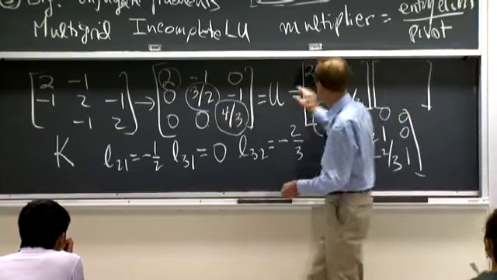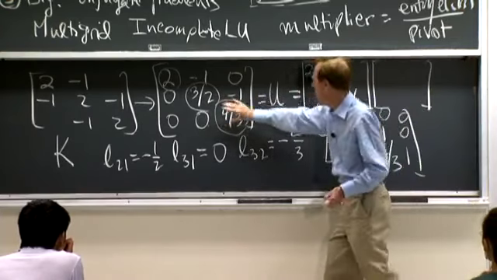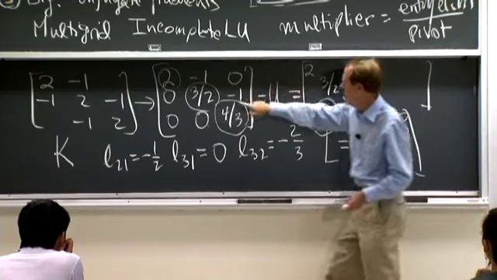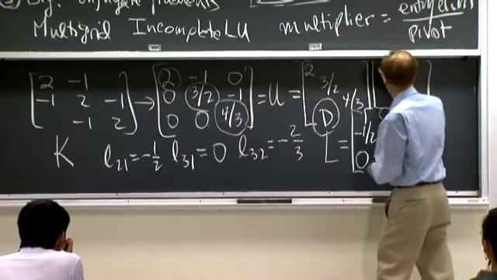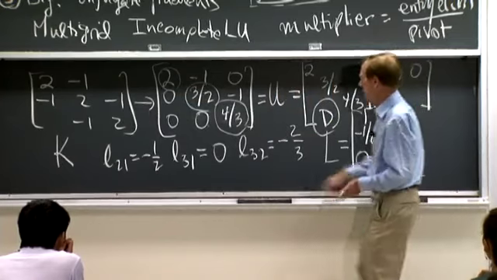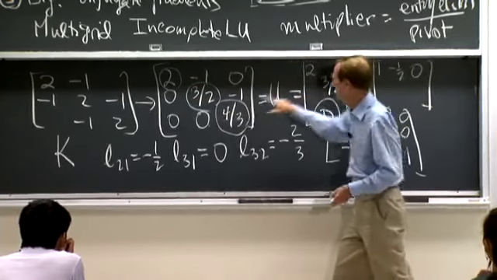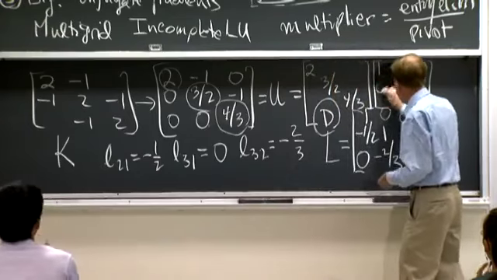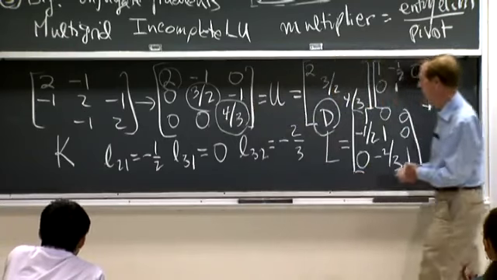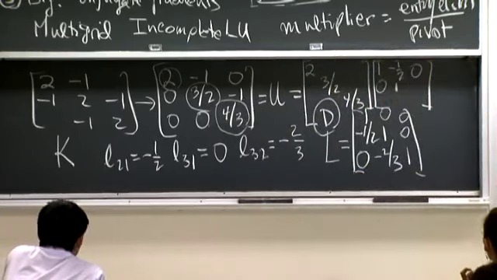So I'm gonna write this U as a product of this diagonal D, where I'm dividing the 2 out. So when I divide the 2 out from that row, I'm left with 1, minus a half, 0. And when I divide 3 halves, the pivot, then it makes that pivot into a 1. And what does it produce for that guy? When I divide that minus 1 by 3 halves, what do I get?